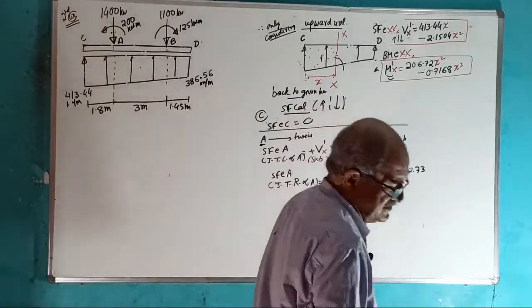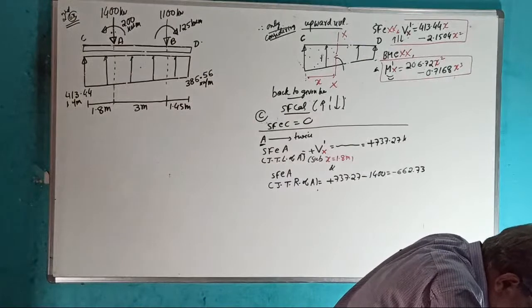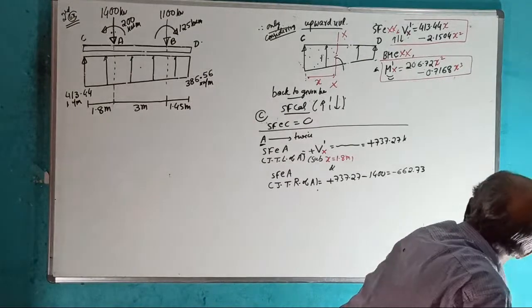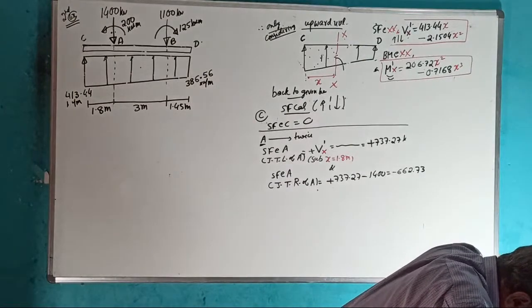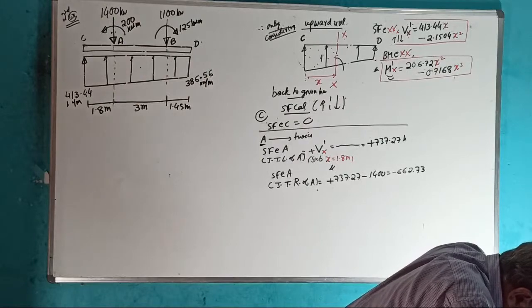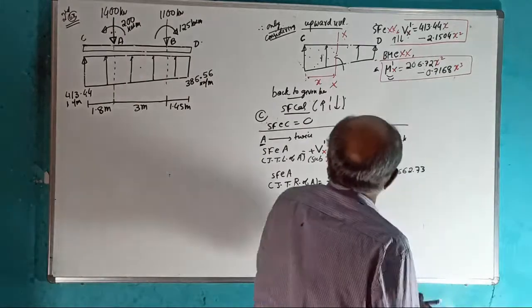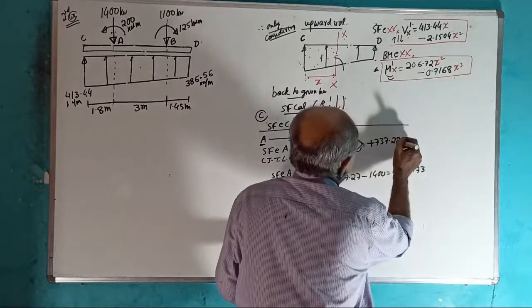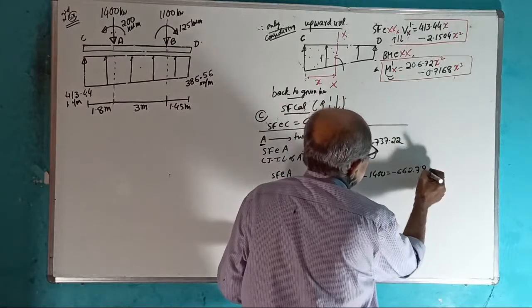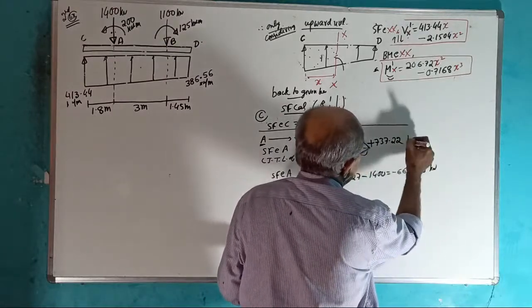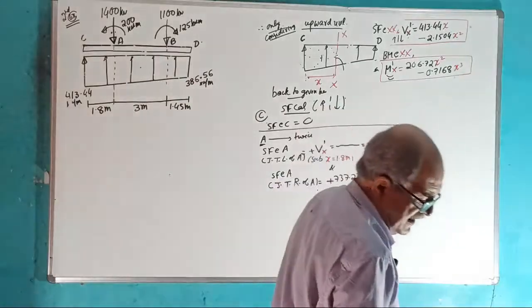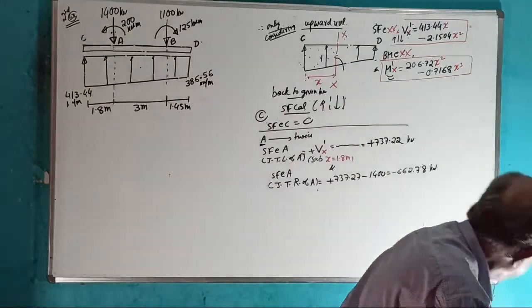How did you get that answer? See, if it is 737.22, oh, okay. It is 737.22. Okay, print mistake. If it is 22, you should tell 78 kilonewton. Okay. Correct the answer? Okay.